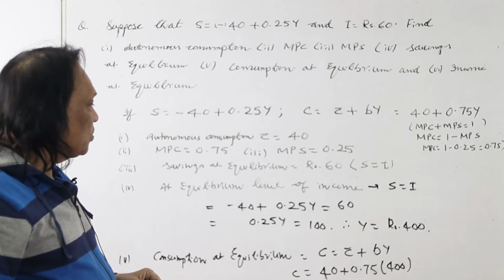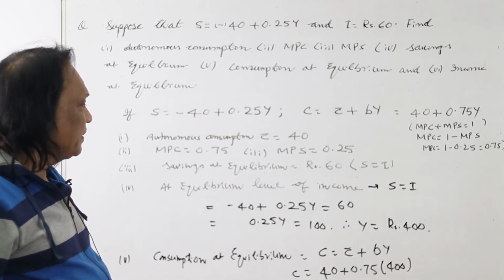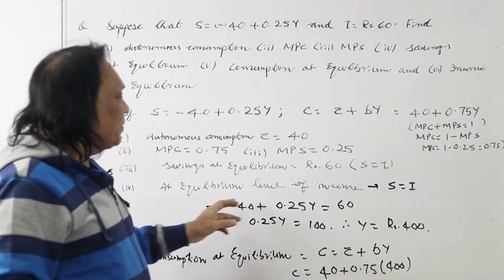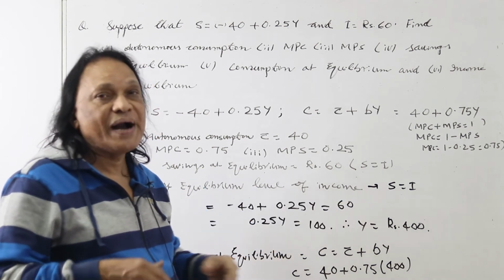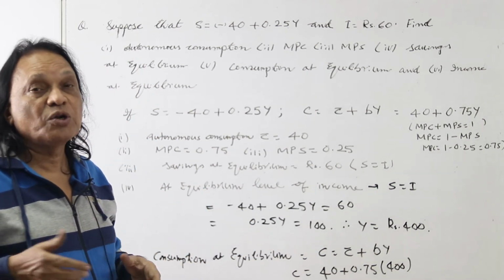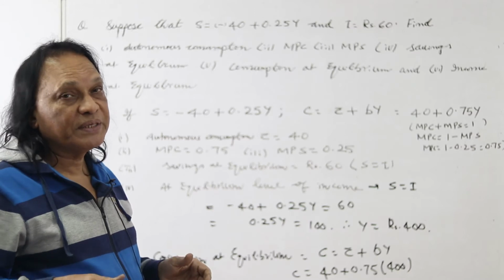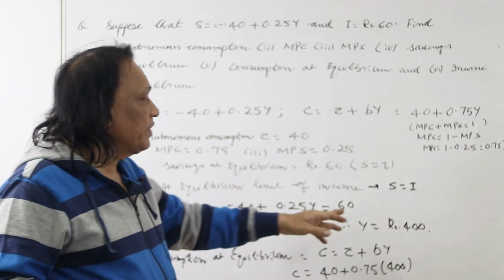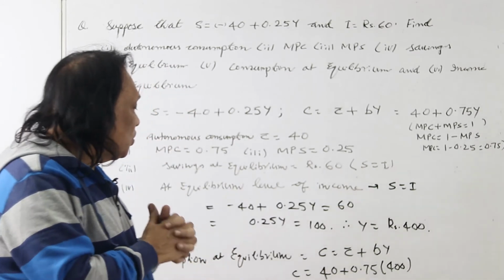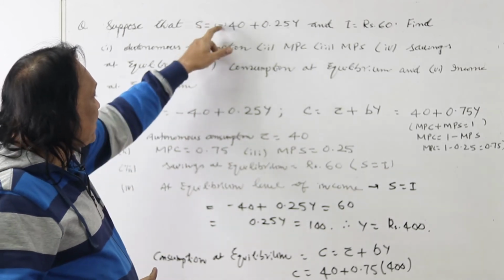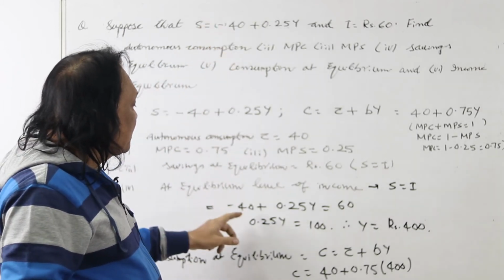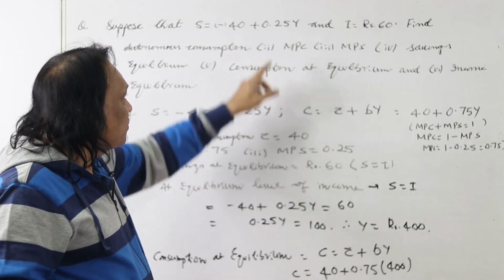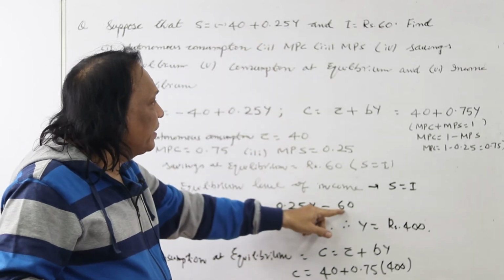Now let's find out the main crux, the most important part of this numerical. They're asking to find out the equilibrium level of income. At the equilibrium, S is equal to I. S stands for savings, I stands for investment. So we put it here, this saving function minus 40 plus 0.25y is equal to 60.